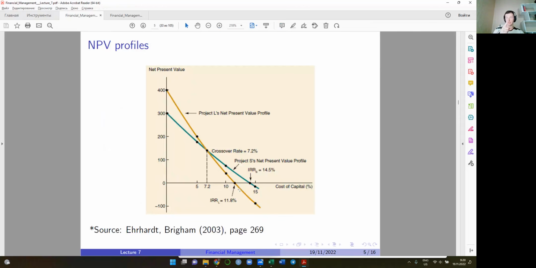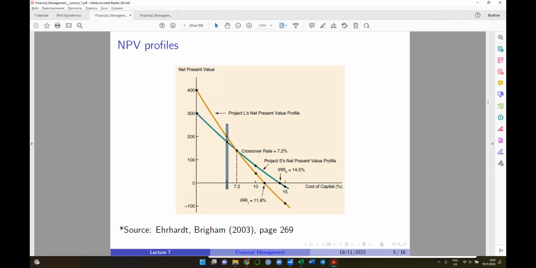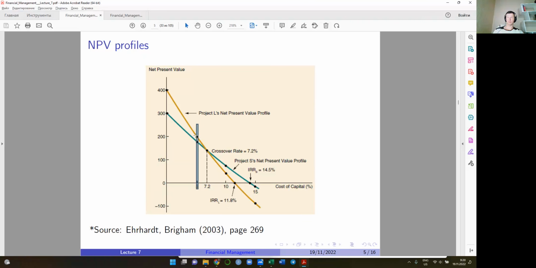They always cross the x-axis at the same place, while net present value changes depending on the cost of capital. And it is possible to get into this situation: when the cost of capital is 5%, project L is better in terms of NPV, but project S is better in terms of IRR.